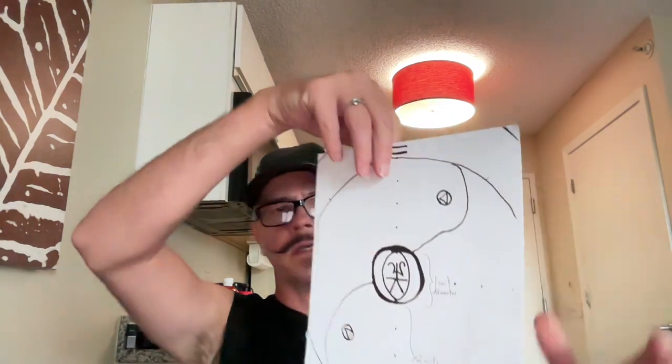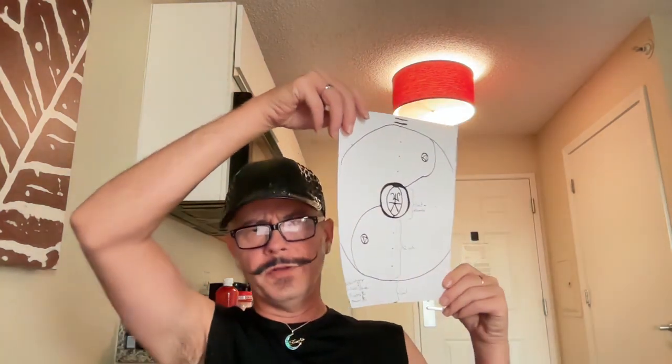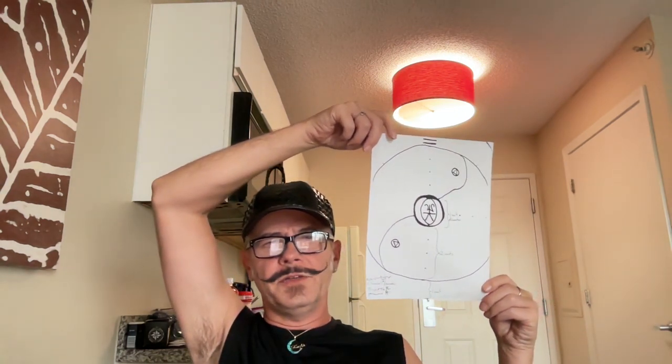And getting specific, if we zoom out here, you can see how it would match up to the symbolism of the Taiji in the next outer space.